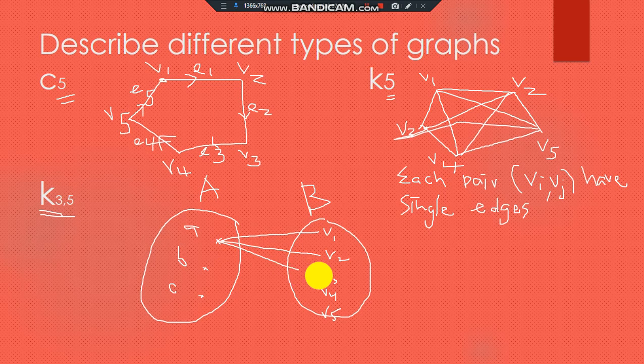So this vertex must be joined to all the vertices in the second group. Similarly, this vertex you join with all the vertices in the second group. Similarly, this vertex you join with all the vertices in the second group.